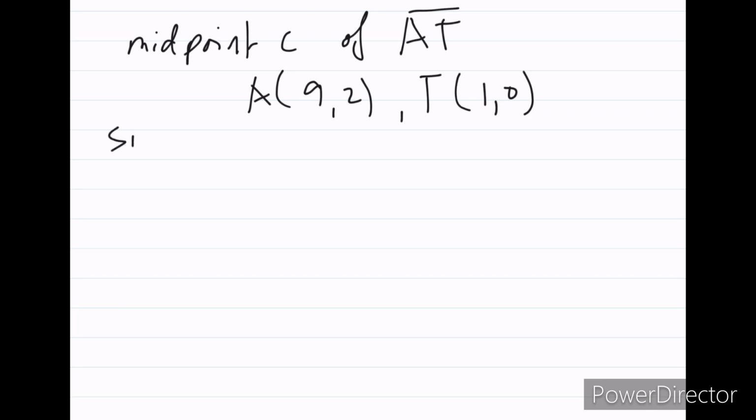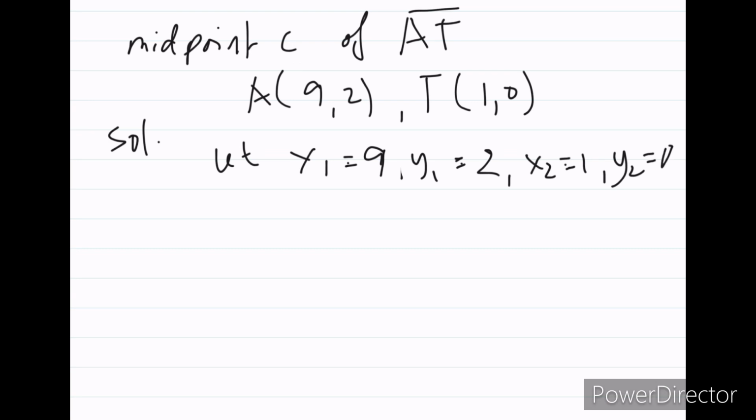Solution: to determine the midpoint, let x sub 1 be equal to 9, y sub 1 is equal to 2, x sub 2 is equal to 1, and y sub 2 is equal to 0.